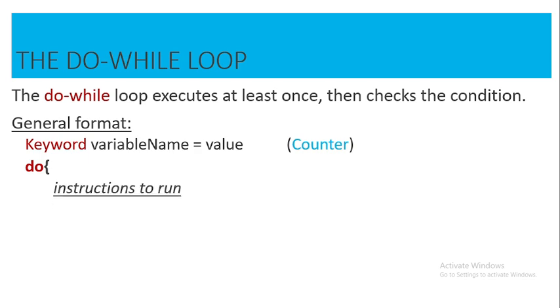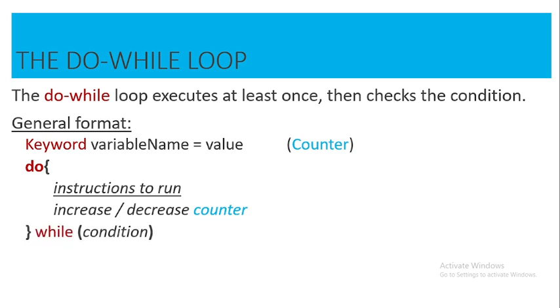Inside the curly brackets are the instructions to run. Then after that, you increase or decrease the counter. So the counter update is performed right after the instructions to run. Then you close with the curly bracket.